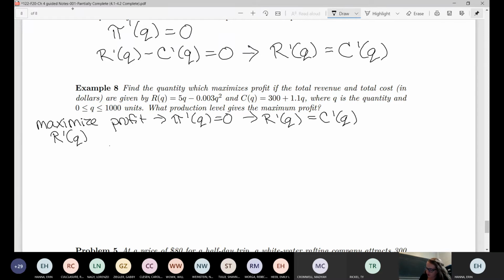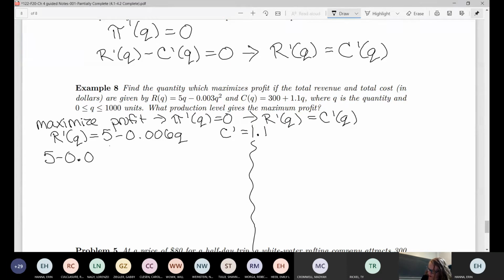So the derivative of revenue would be 5 minus 0.006Q. And the derivative of cost would just be 1.1. Let me break this up a little bit so I don't run out of space. So we can find the critical points that we need by setting those two equations equal to each other.